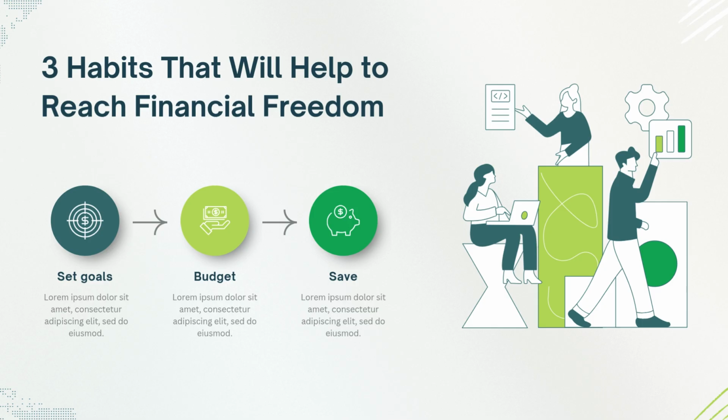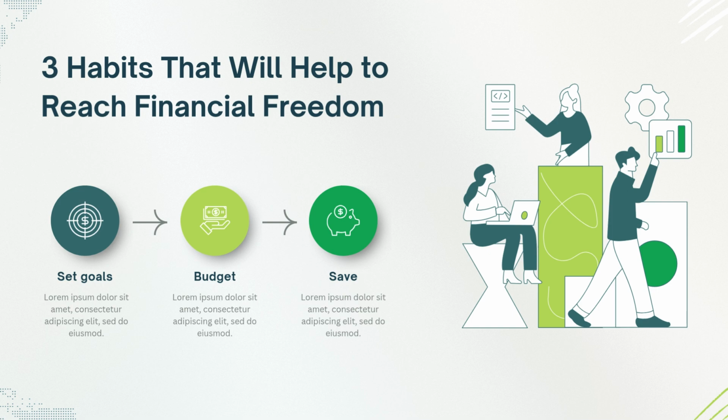3. Save. With a solid budget, you can consistently set money aside for the future. This could include building an emergency fund, saving for major purchases, or investing for long-term growth. Saving is the habit that makes your financial goals attainable and your budget purposeful.